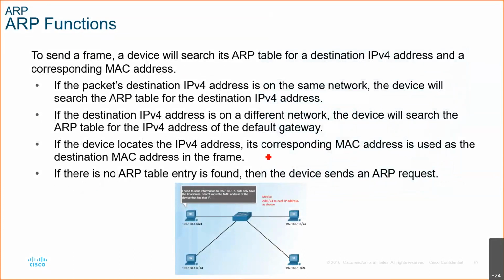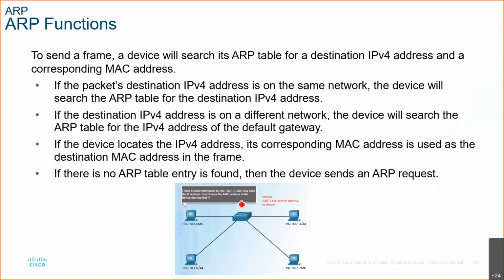So every time you want to send a frame, you will look at your ARP table. You will look at the IP version 4 and its corresponding MAC address. If you have found it, then you send it to that MAC address. If you haven't found it, then you send something known as an ARP request. Like this.